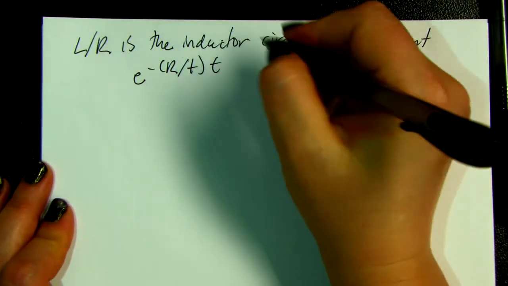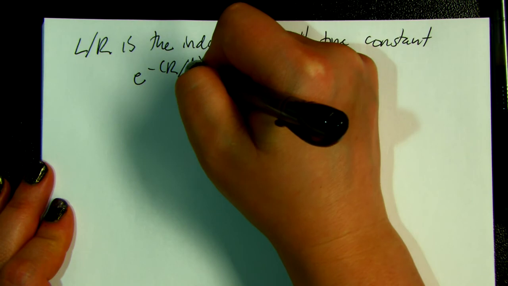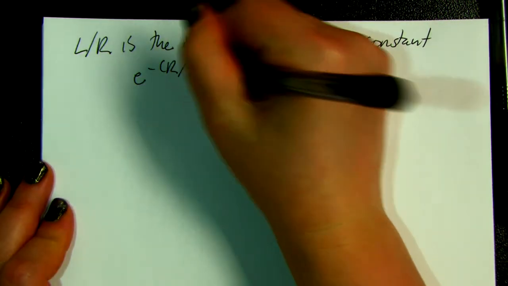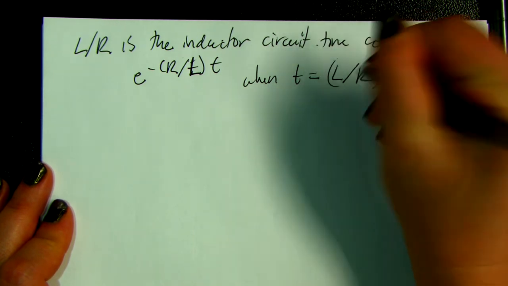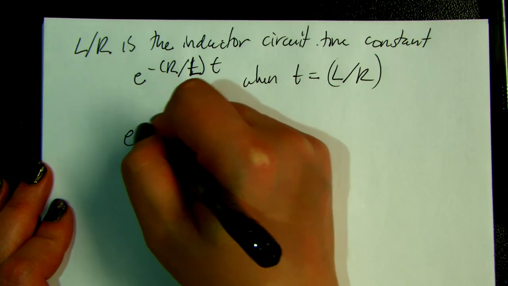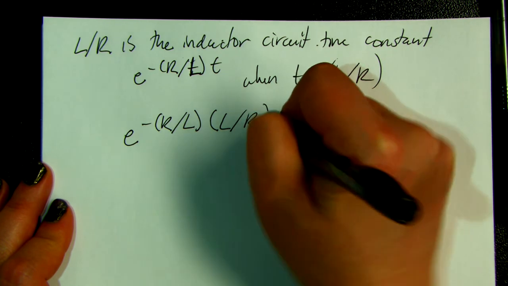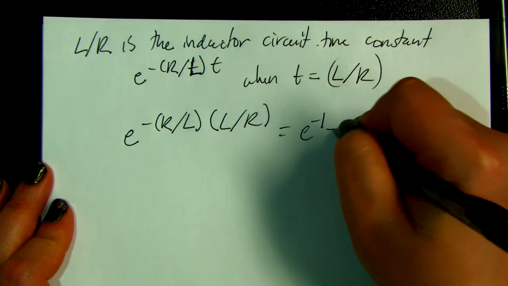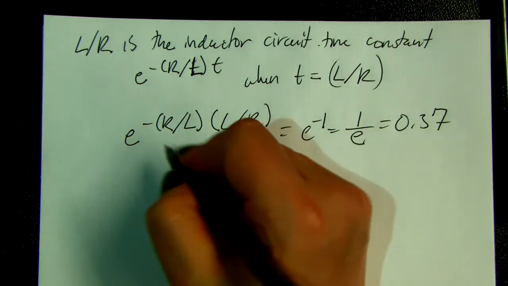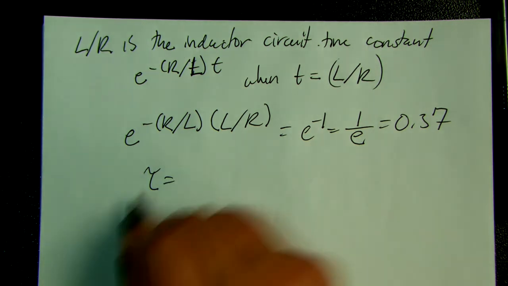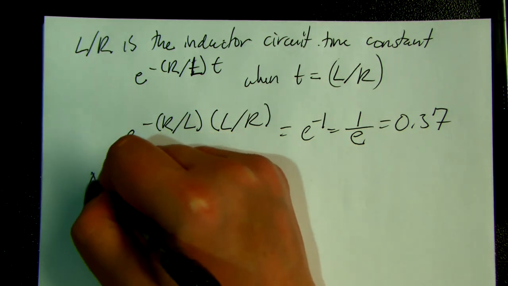And so when t is equal to L over R, then you have e to the minus R over L times L over R is equal to e to the minus 1 is equal to 1 over e is equal to 0.37. You do sometimes see this written as tau is equal to L over R.